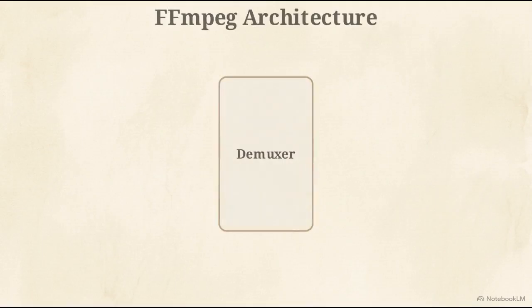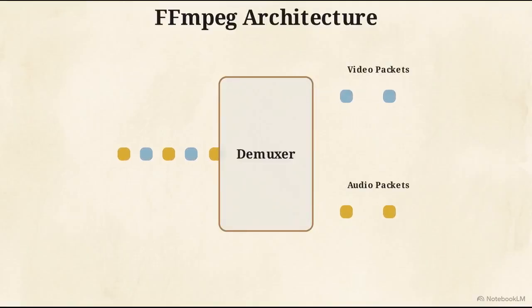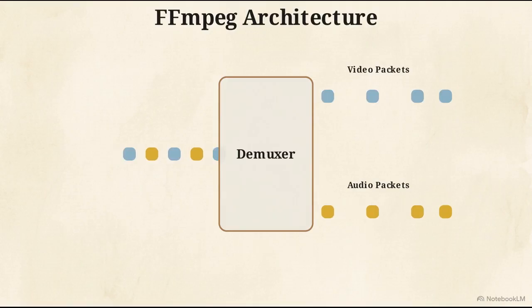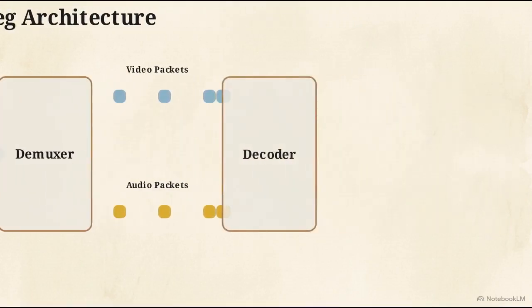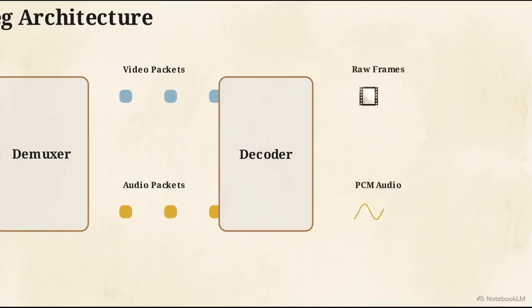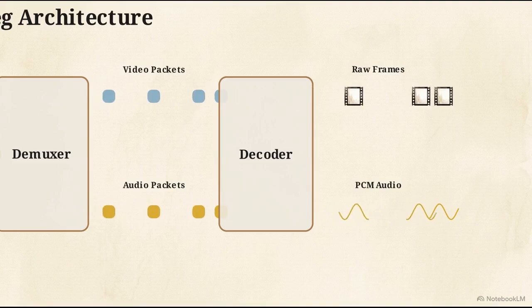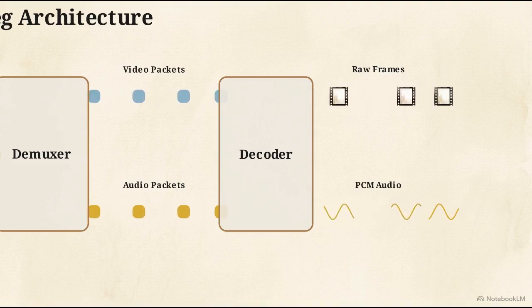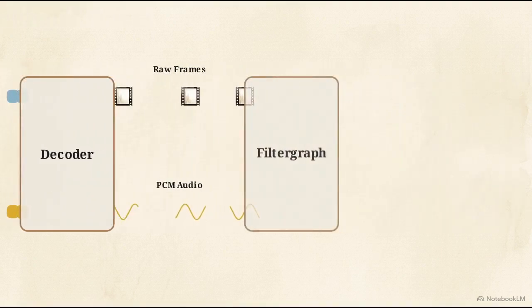This pipeline represents the FFmpeg architecture. The data enters a demuxer, which separates the interleaved data into distinct channels for video and audio packets. Those compressed packets pass through a decoder. The decoder translates the data into a continuous sequence of raw, uncompressed frames and PCM audio. At this stage, the data passes through a filter graph layer.